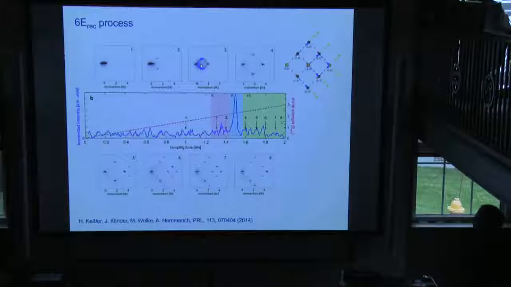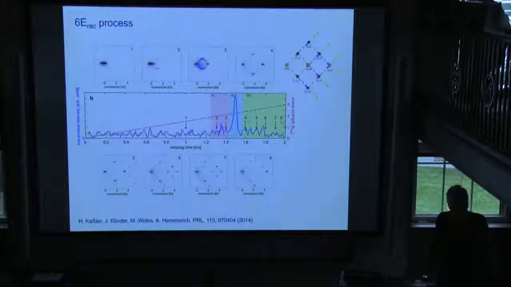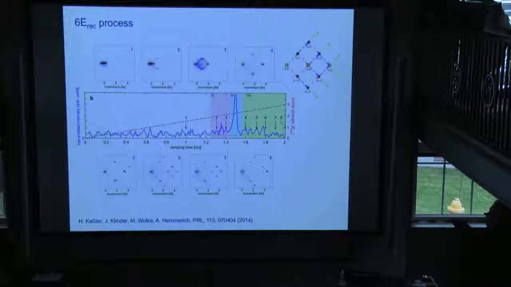And emptying these states means that the grading that makes the 2 Eureka process superradiant is terminated by the next process. So the 6 Eureka process kills the 2 Eureka process, and this is why a good amount of atoms remain in the 0 order at the 0,0 momentum state.